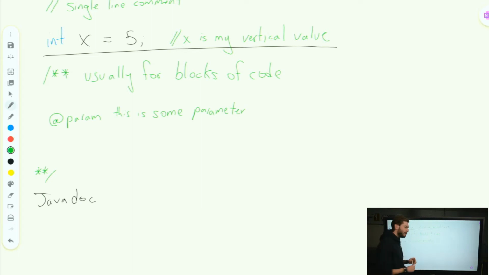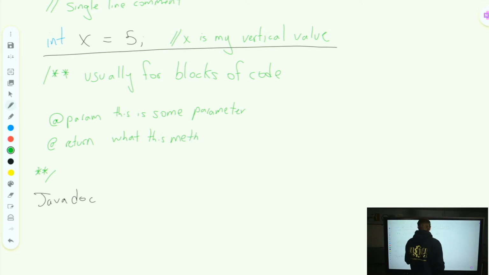And we define that so that the person coming after us or ourselves can use that. And then we also have the @return. So what this returns. Method returns.